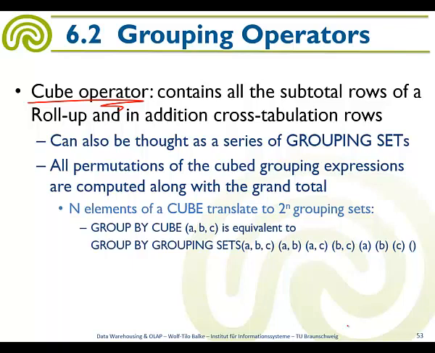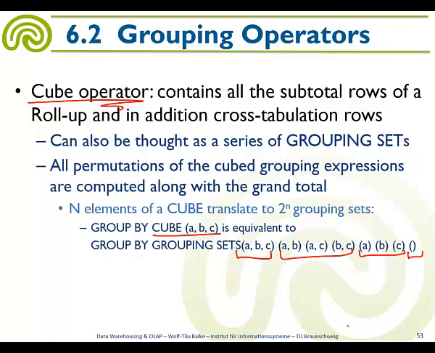So it's a series of grouping sets that does all the possible groupings. So, for example, if you have a cube ABC, then you have the grouping set ABC, all two partitions of that grouping set ABC, all single partitions of that grouping set ABC, plus the apex partition, right?